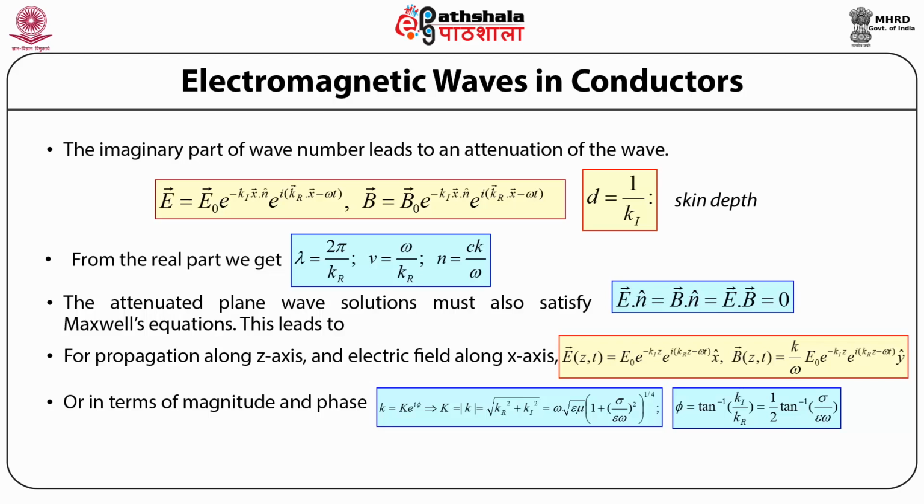And phi equals tan inverse of k imaginary part over k real part, which equals half of tan inverse of sigma over omega mu, and equals half of tan inverse of sigma over epsilon omega.